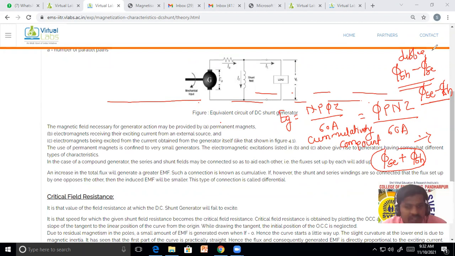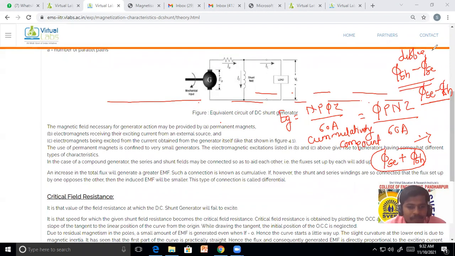So this part we have already discussed. Now in case of a compound generator, we choose the fluxes to add with each other, that is cumulatively compounded generator, and the increase in the total flux will generate the greater EMF.